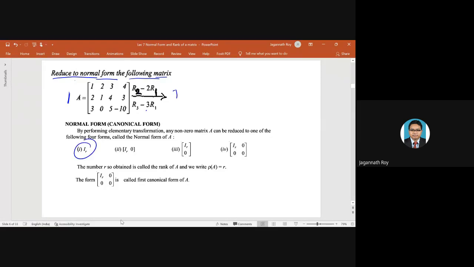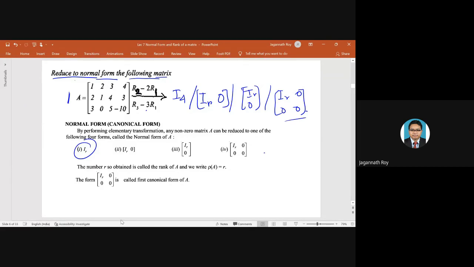It can be I4, or of this form, I3, or I2. We don't know the rank of this matrix, so let us write 0, or of this form, or it can be of this form also. So any one of these forms. So we have to look at it.